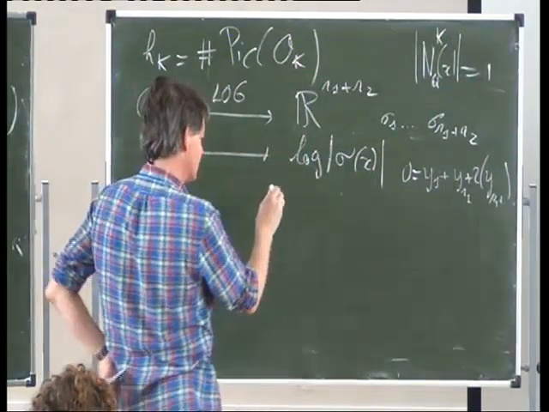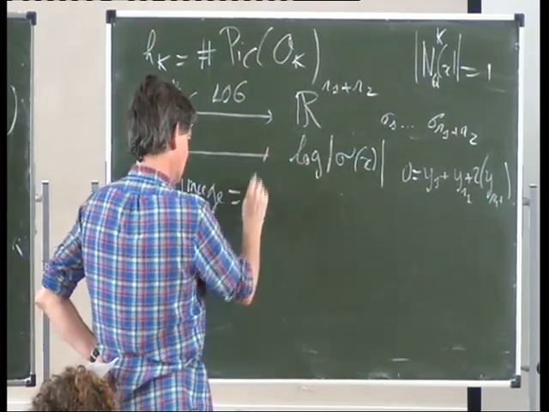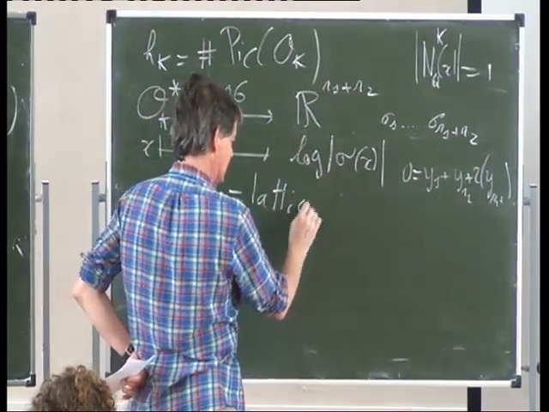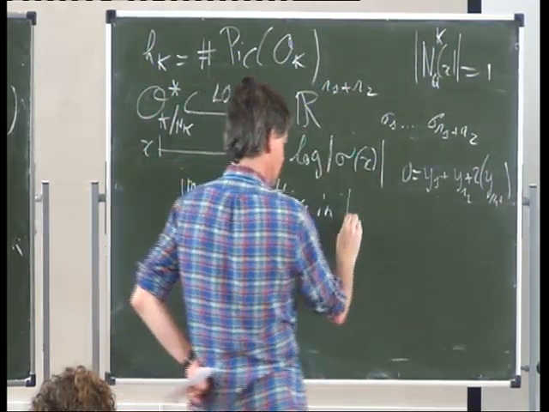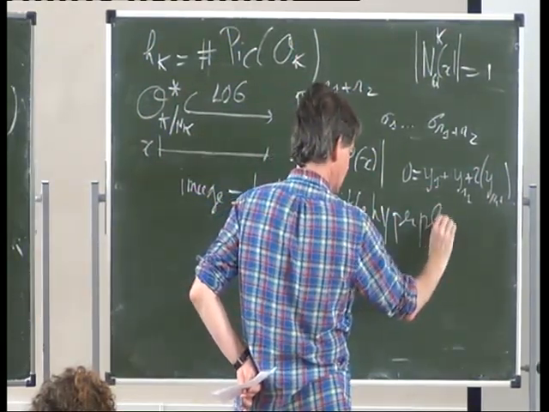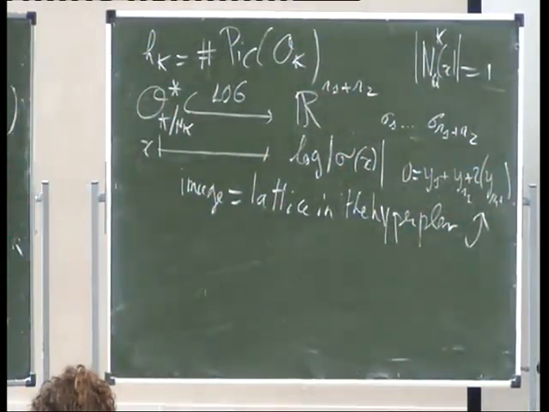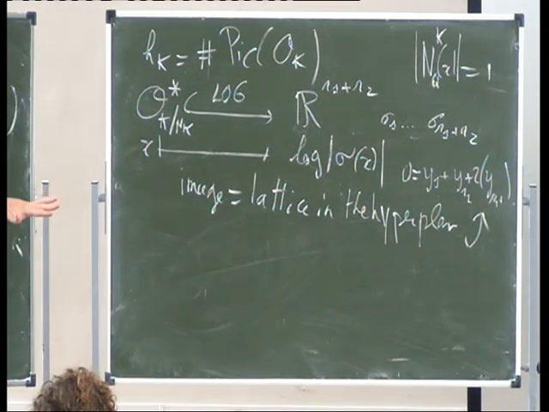So the image is a lattice, a true lattice, in this hyperplane. So it's easy to see that it's contained and that it's discrete. It's a bit harder to show that it has the correct rank.